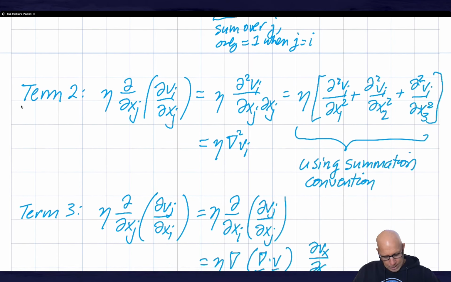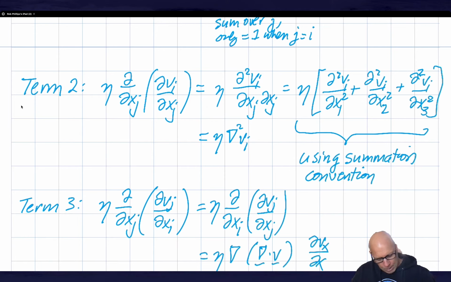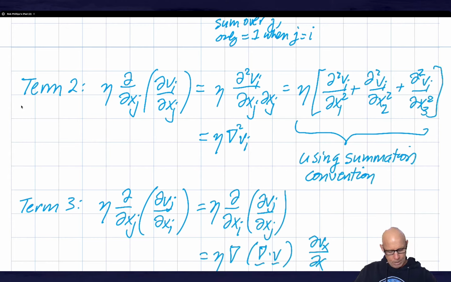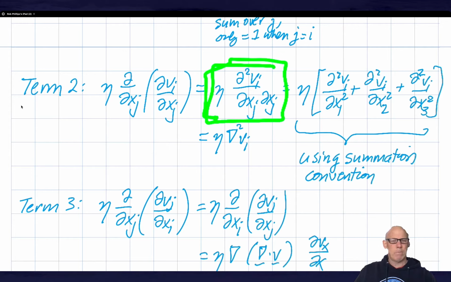Okay, the second term. That one says we're going to take the xj derivative of dvi by dxj. So once again, I just follow the instructions of what it means to take a derivative, and I end up with this expression. Notice that there is a sum over j.